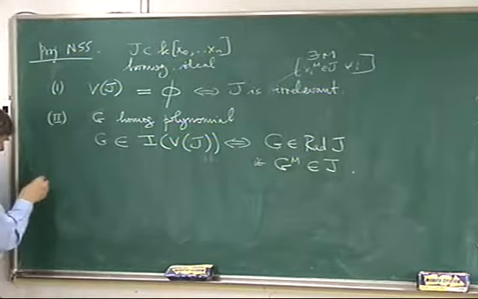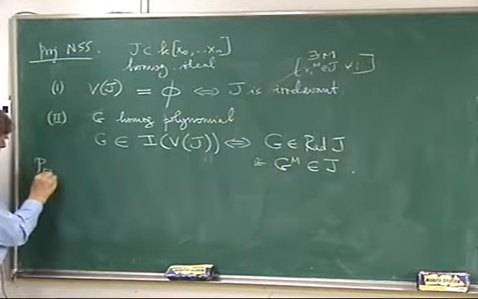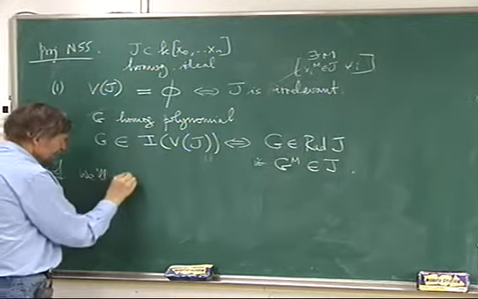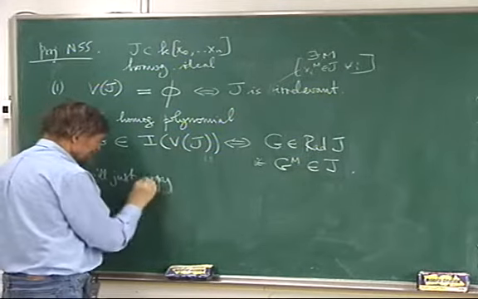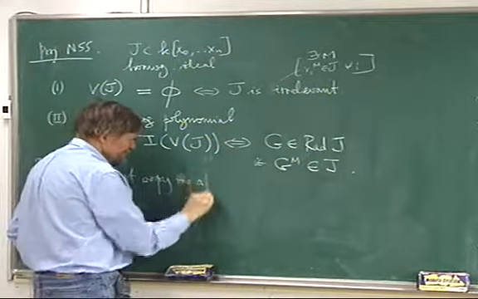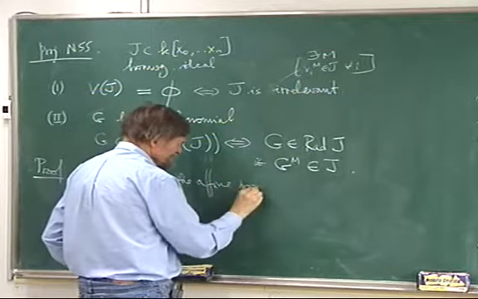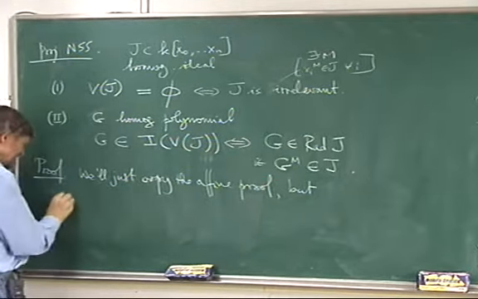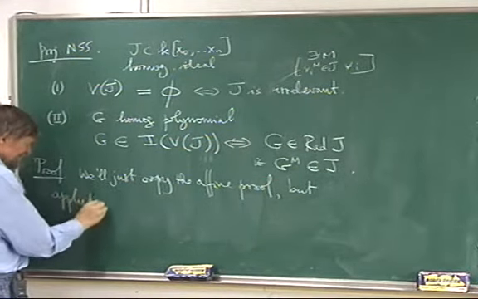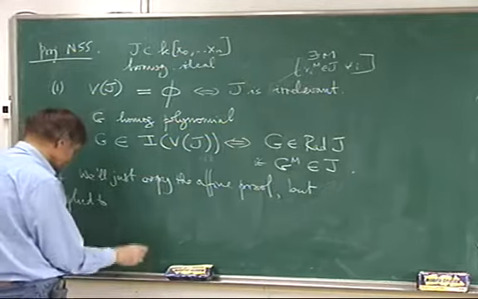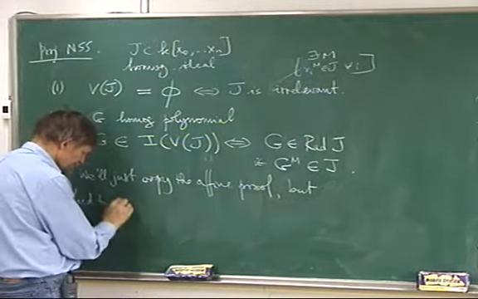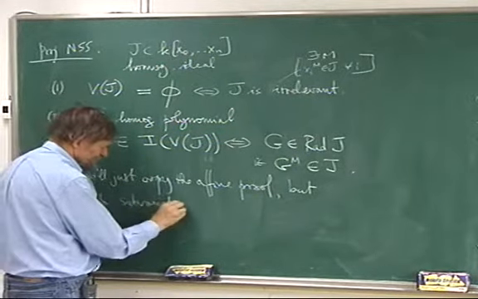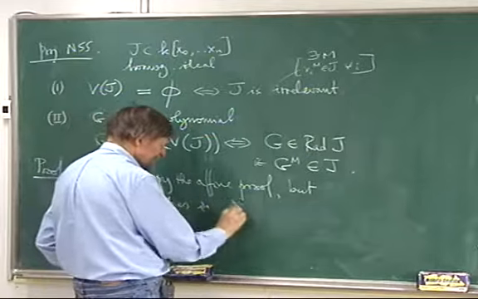And the proof is just the proof. We'll just copy the affine proof, but applied to subvarieties in A n plus 1.